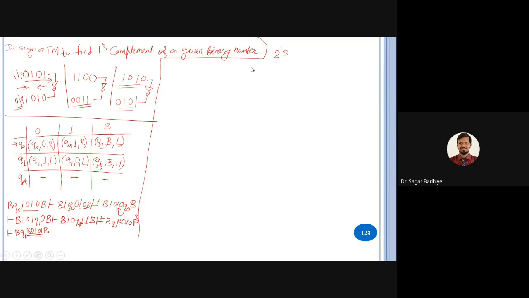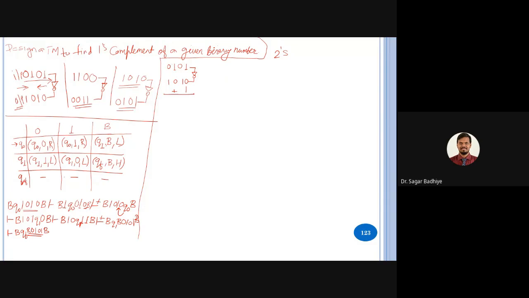It becomes the two's complement of a binary number, right? It's like this. Suppose the input is again given as 0101, and now we are required to find the two's complement of this. First, we'll obtain the one's complement of the given number. It would become 1010, and then we'll add 1 to this.